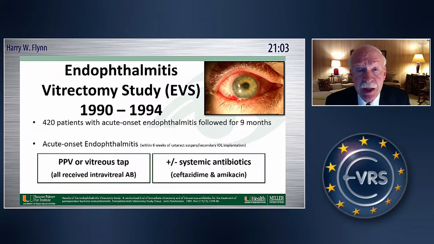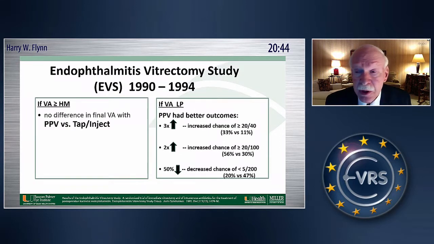The Endophthalmitis Vitrectomy Study was conducted from 1990 through 1994. It randomized patients to either an initial tap and inject versus vitrectomy, or systemic antibiotics versus no systemic antibiotics. Next slide. The result of this study is well known to everyone here. For patients with hand motion or better acuity, there was no difference in the final acuity outcome between vitrectomy and tap and inject.